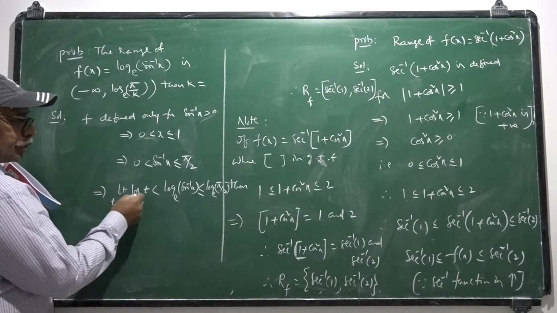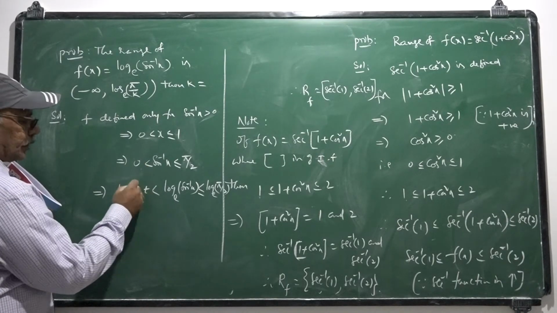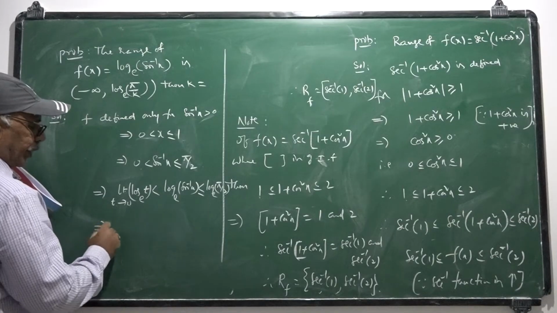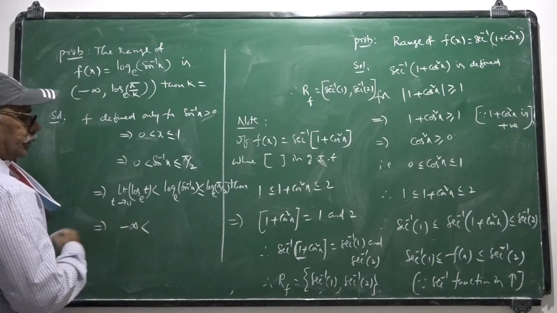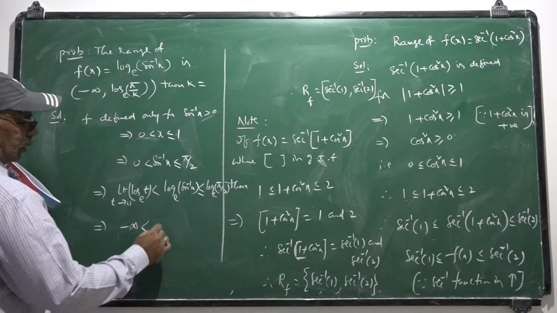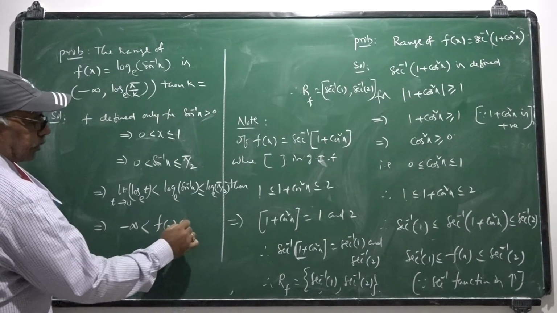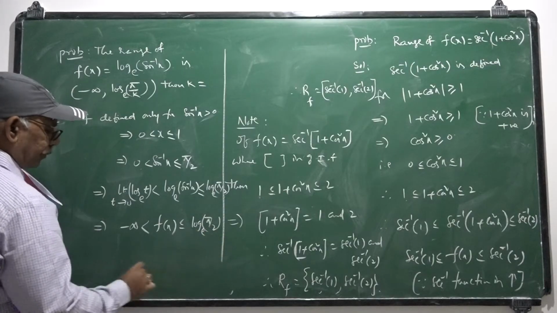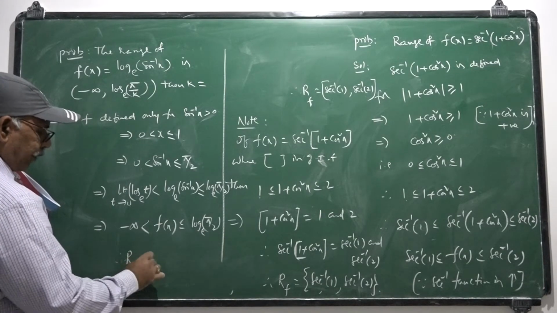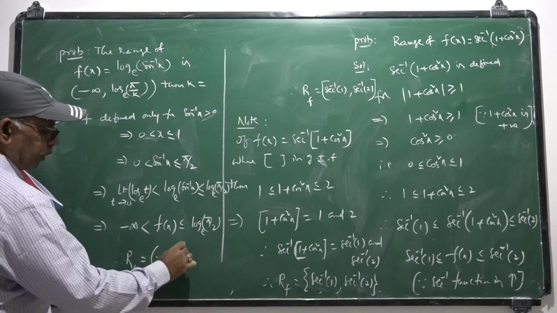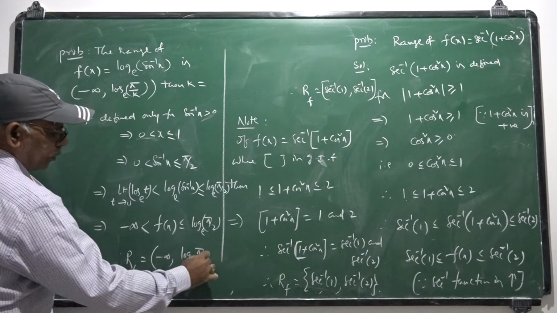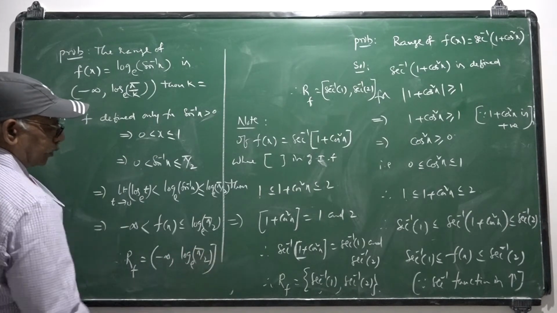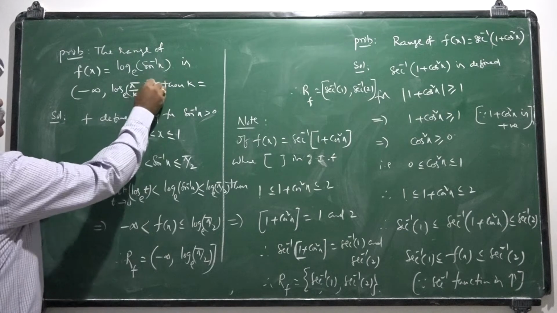As limit t goes to 0, log t is minus infinity. Earlier we discussed this one, and f(x) is less than or equal to log pi by 2 to the base e. So the range of f is minus infinity to log pi by 2 to the base e, closed at pi by 2.